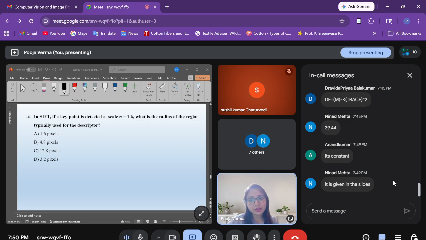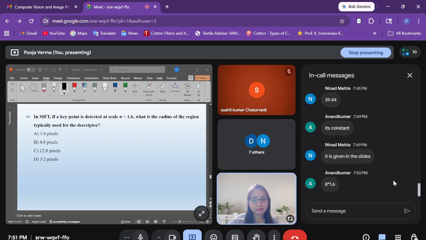So here, in SIFT a key point is detected at this scale, what is the radius of the region typically used for the descriptor?